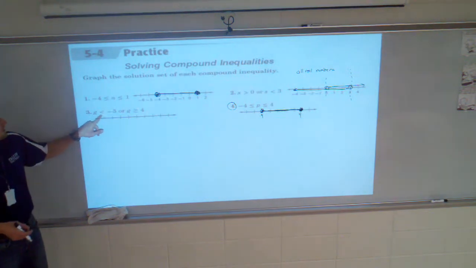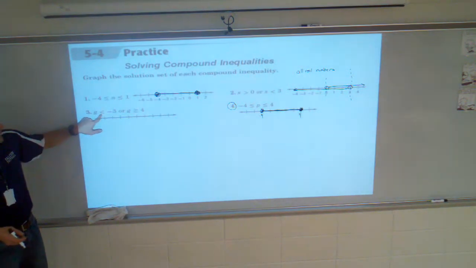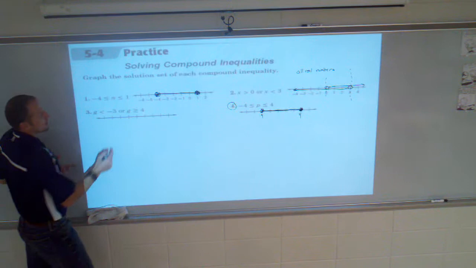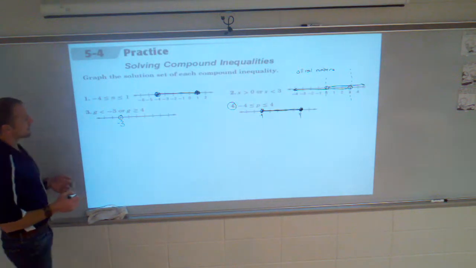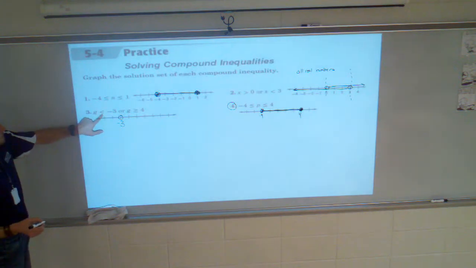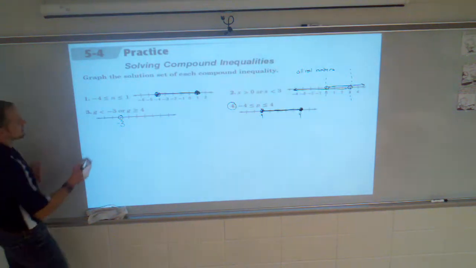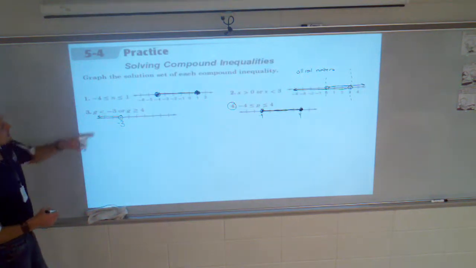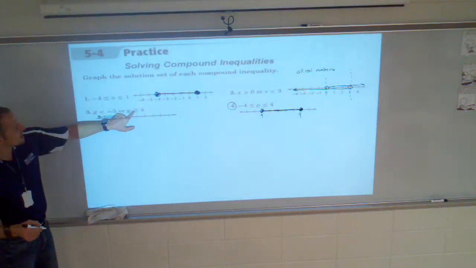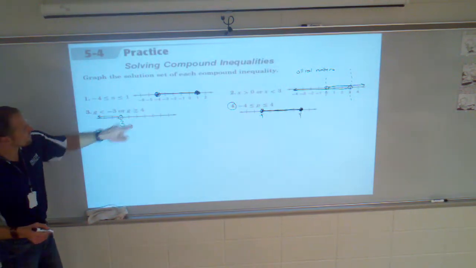Let's look at this. G is less than negative 3. So I'm just going to put negative 3 right here. Again, it's an open circle, and it's pointing to the left. Or G is greater than or equal to 4.